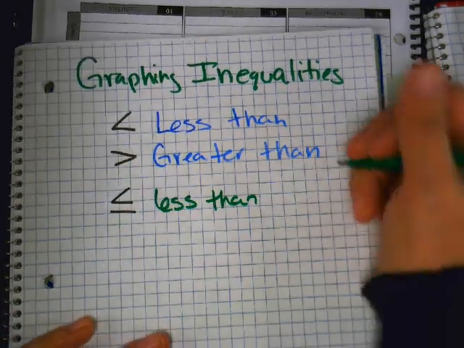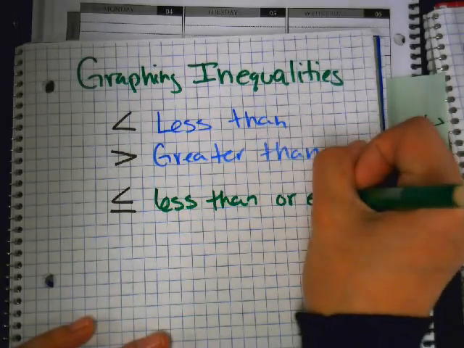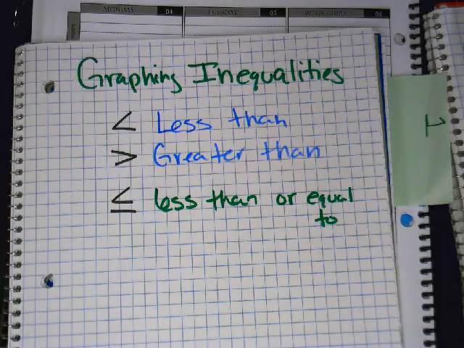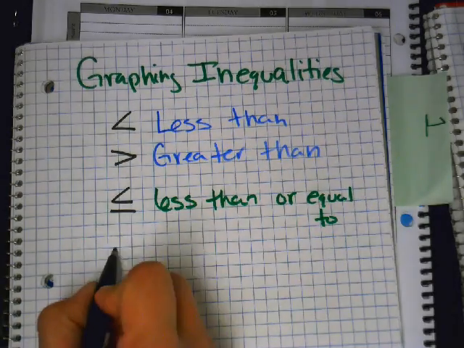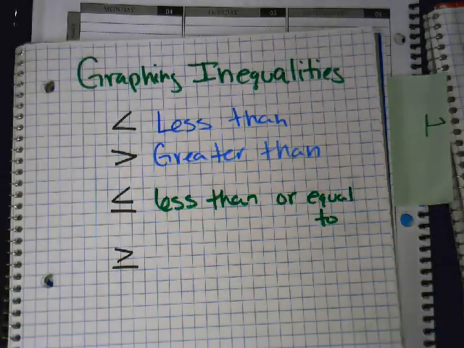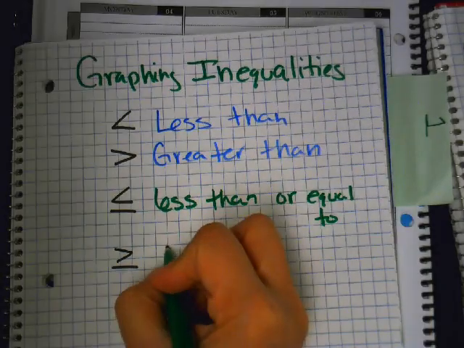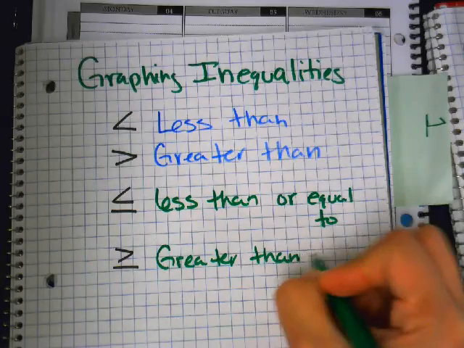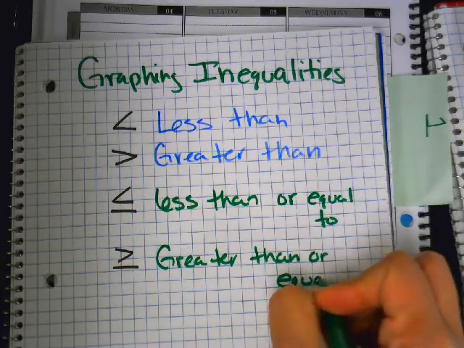Less than or equal to. So it's like a combo. It's less than or equal to. It's very important in 7th grade. So, what's the last one called? Greater than or equal to.